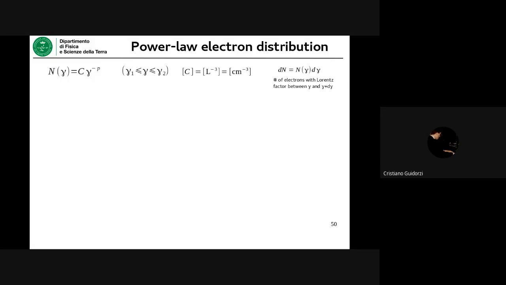Because by definition of the distribution, if you calculate dn as this function times d gamma, this value is the number of electrons per unit volume having Lorentz factor between gamma and gamma plus d gamma. So this is the meaning of the distribution. This dn is the number of electrons per unit volume, and that explains why C has the units of 1 over volume.